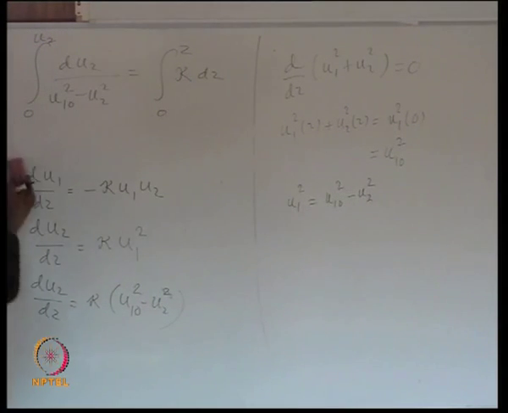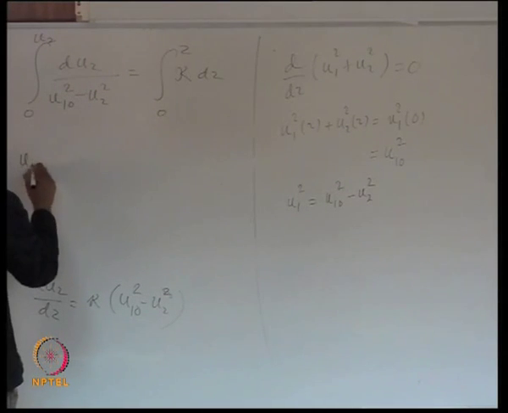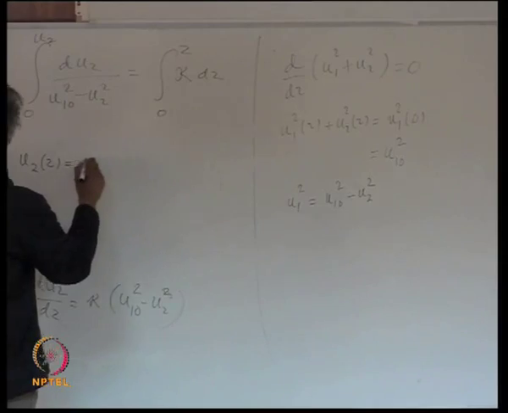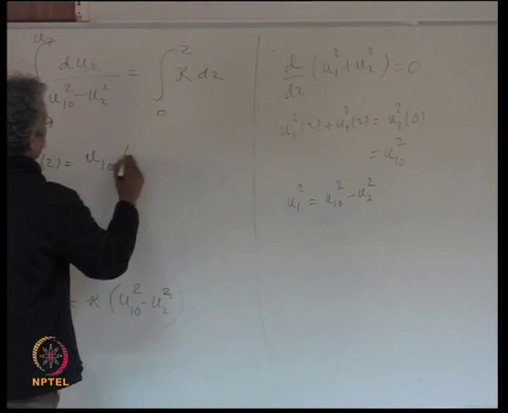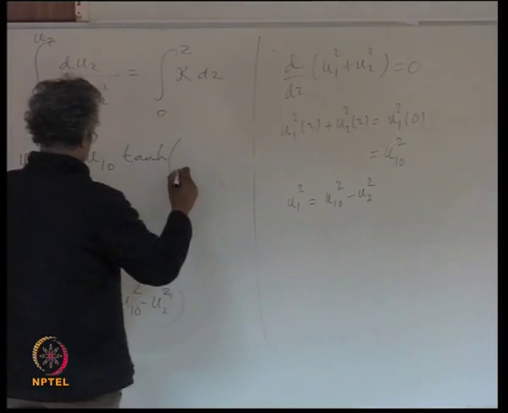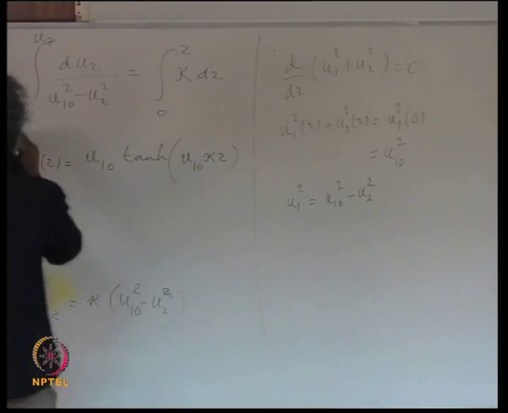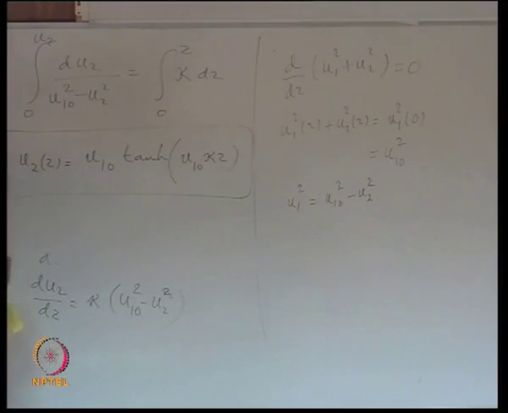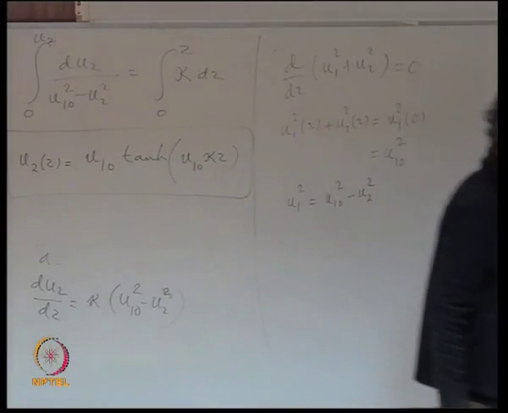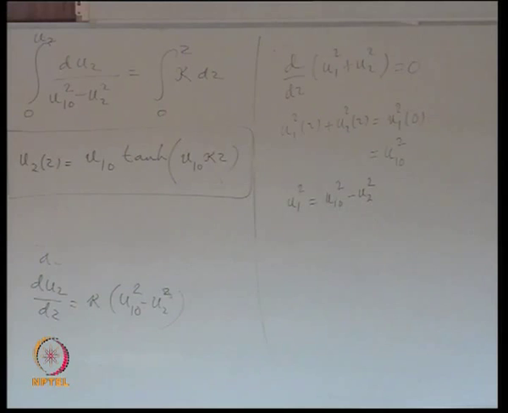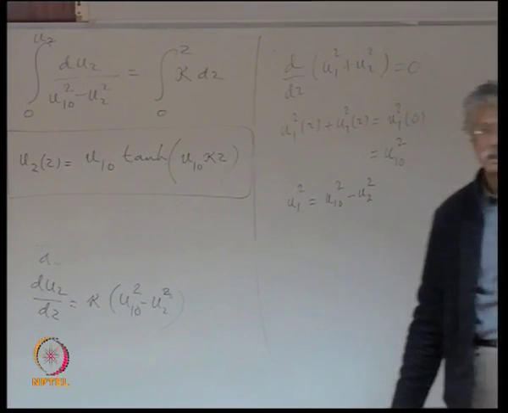So I'll give you the solution. The solution comes out to be u2 of z is equal to u1 0 times tan hyperbolic function.